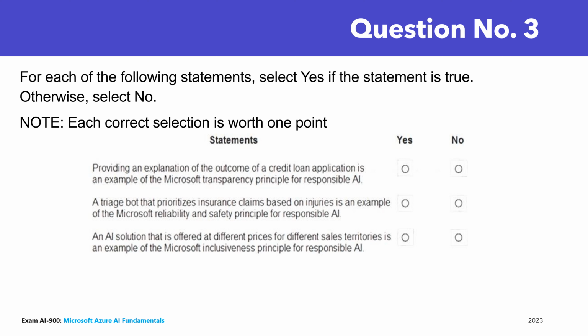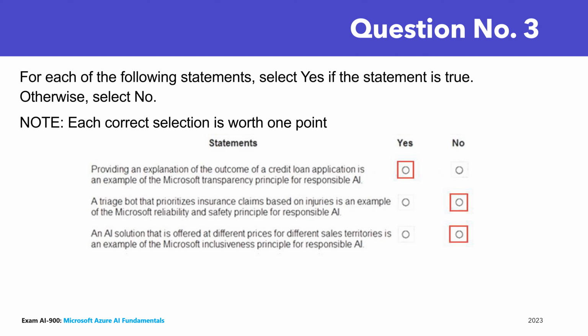For each of the following statements, select yes if the statement is true. Otherwise, select no. Note, each correct selection is worth 1 point. 1. Providing an explanation of the outcome of a credit loan application is an example of the Microsoft Transparency Principle for Responsible AI. Correct answer yes. 2.